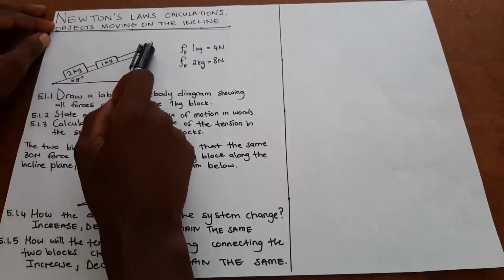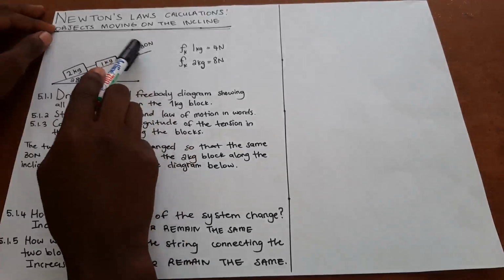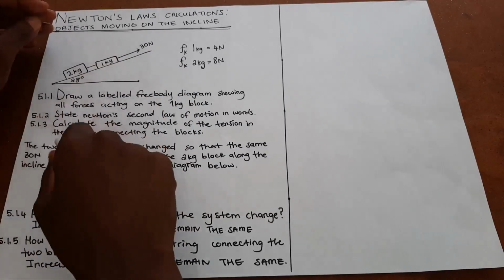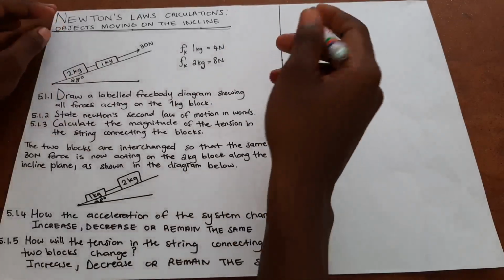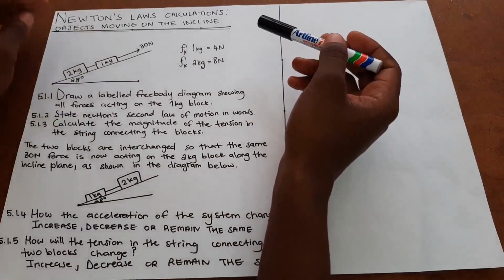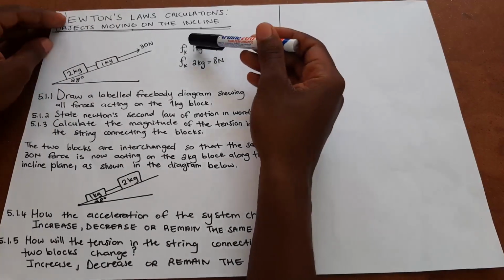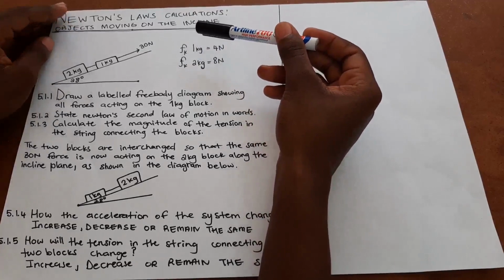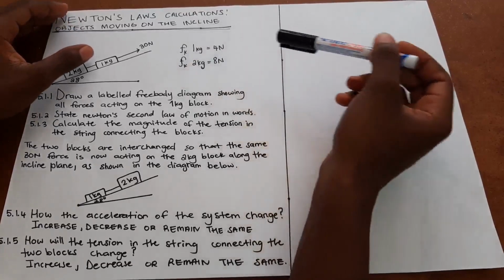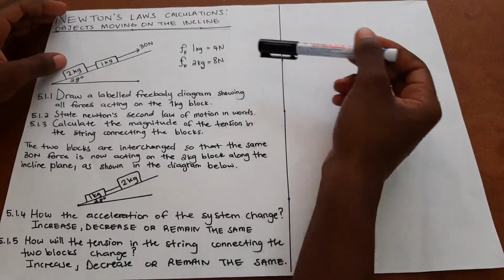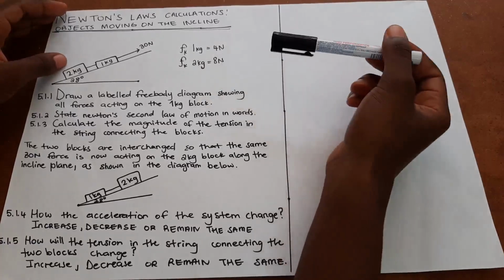This is the force applied, pulling these two blocks upwards. There is roughness on this inclined plane: the kinetic frictional force acting on the 1 kg block is 4 newtons, and the kinetic frictional force acting on the 2 kg block is 8 newtons.